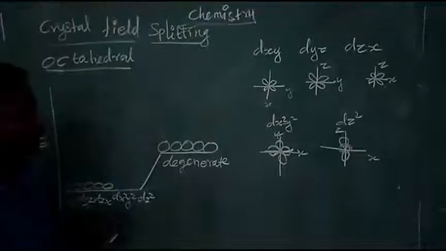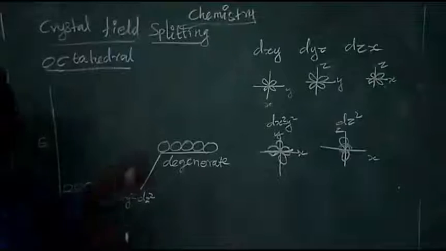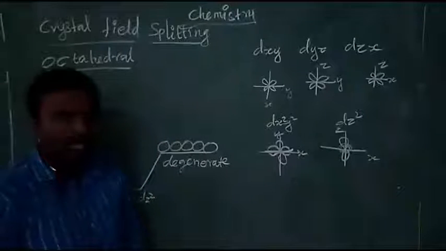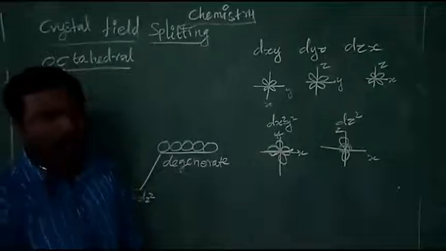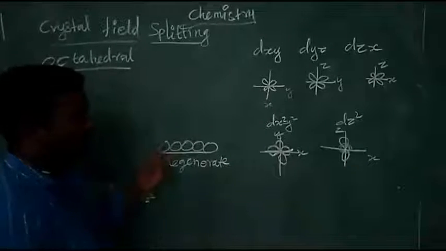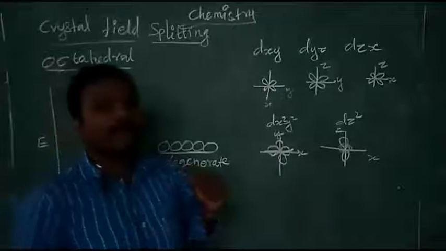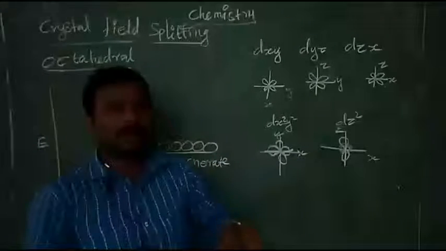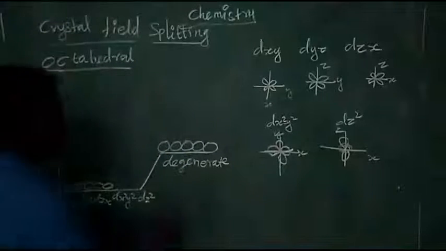Now, after degeneration, what will happen? They will approach the central atom. How are they approaching? Along all the possible axes, all the 5 orbitals are approaching. Let us see how they are splitting.